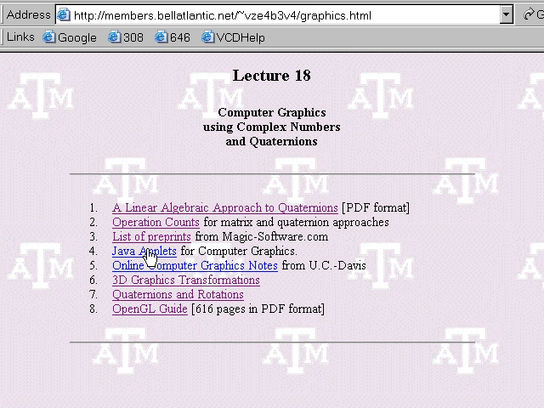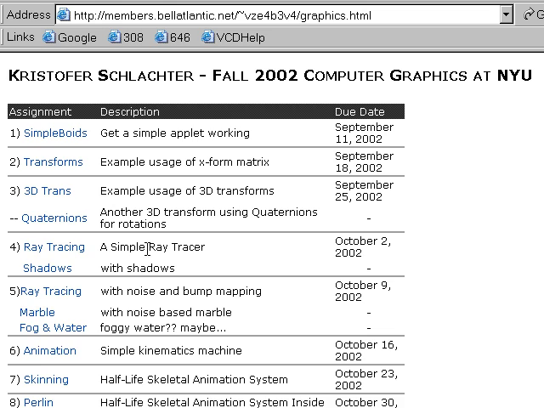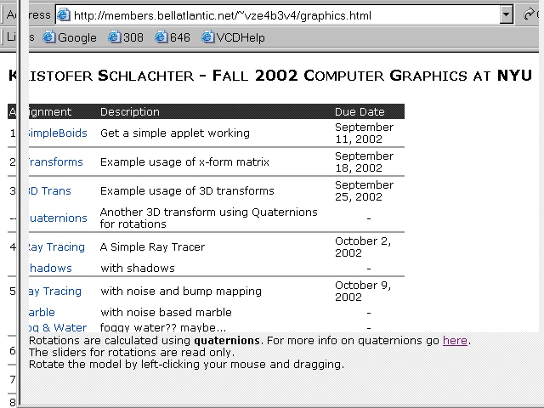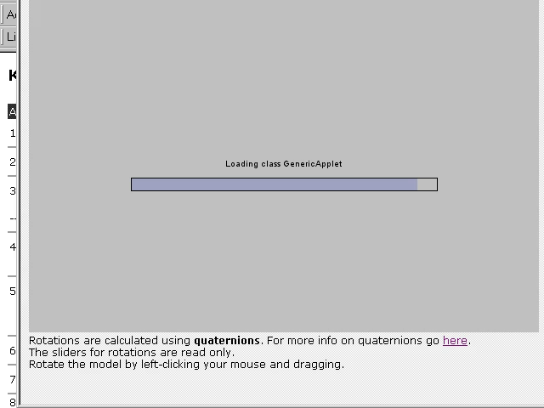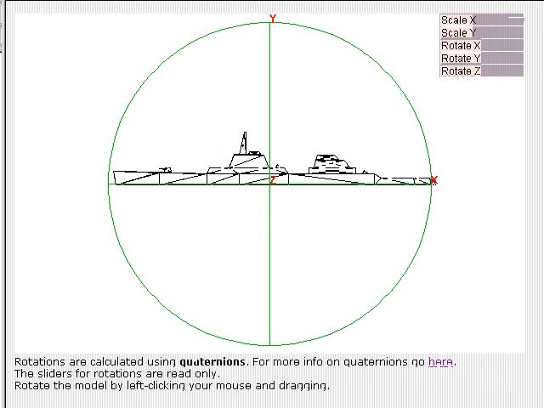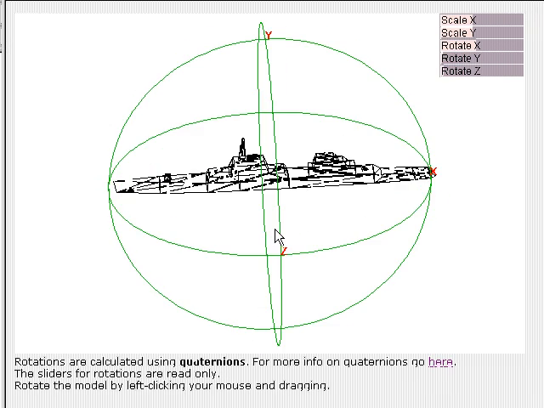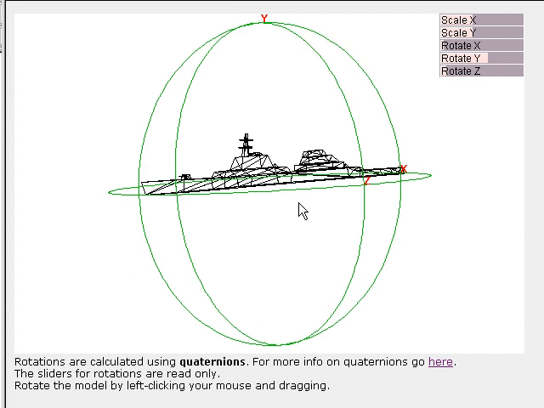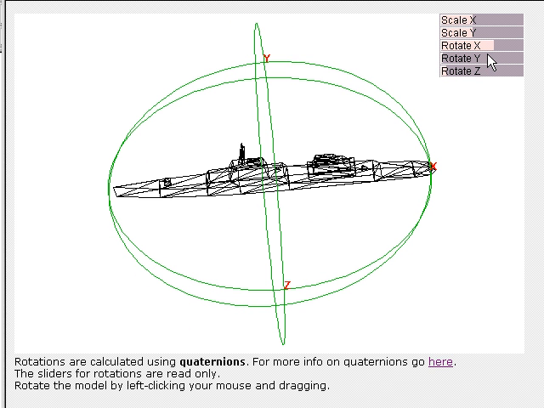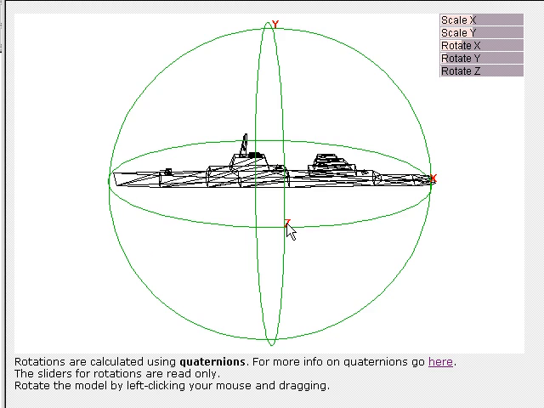Also, here's a nice little example using quaternions. So this is a Java applet that uses the quaternion algorithms to do all its rotations in 3 dimensions. So it's a Java applet, which should be firing up any minute. If you just drag it and rotate it, you can see these things here, X, Y, and Z, these are the real-time rotations.